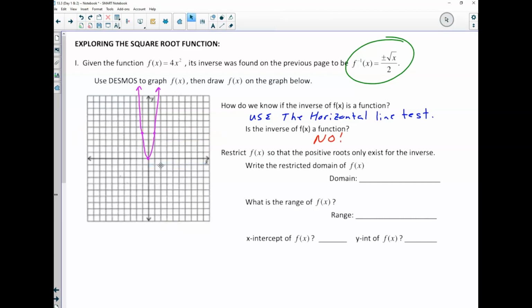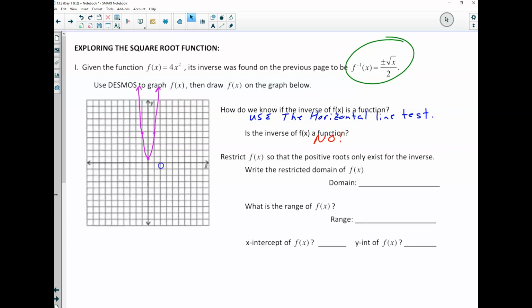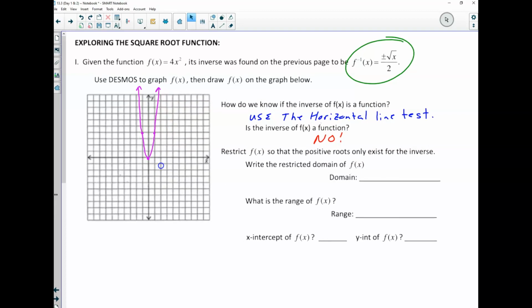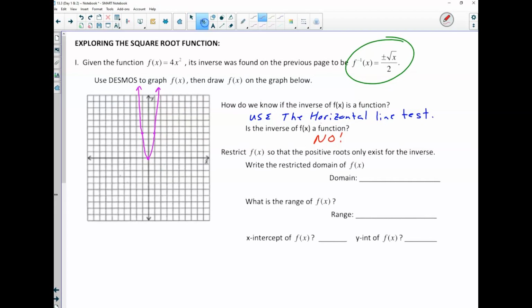So the next thing says, restrict f of x so that only the positive roots exist for the inverse. So that means only the positives. We're only going to get the positive roots out. We don't want the plus and minus out. We only want the positives out. Well, how are we going to do that?